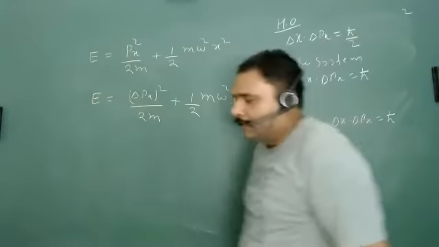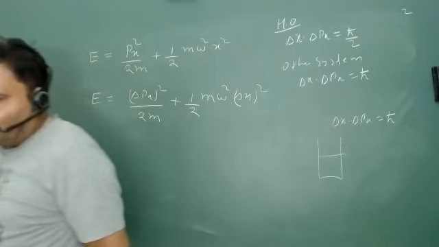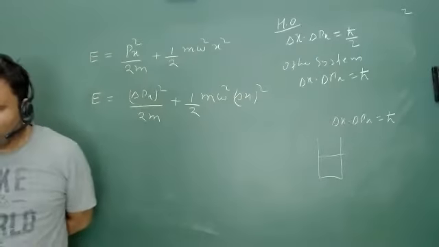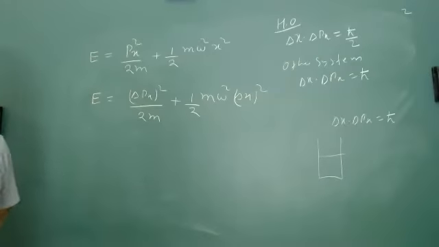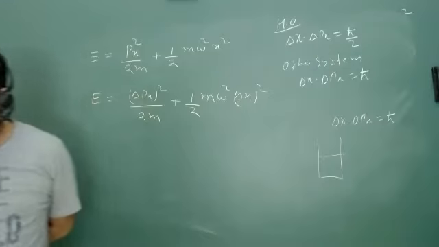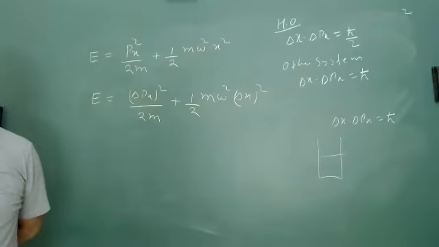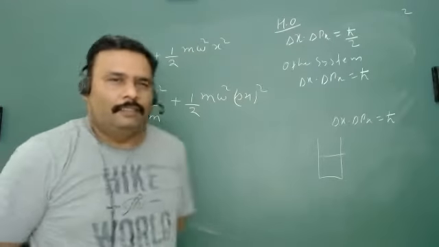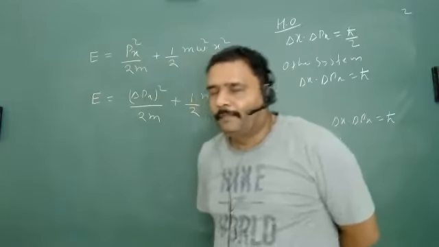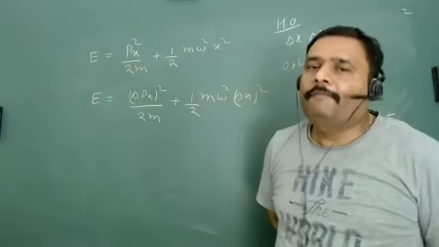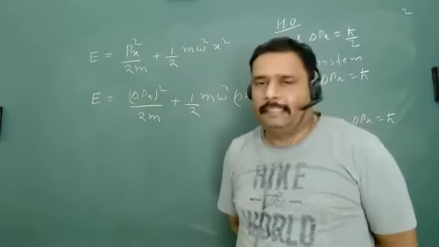Anybody wants to try? Because of spherical. Spherical? What is spherical? Sir, for higher powers of position we take h cut by 2. No, this is not a very smart thing. For the hydrogen atom, we have taken h cut.